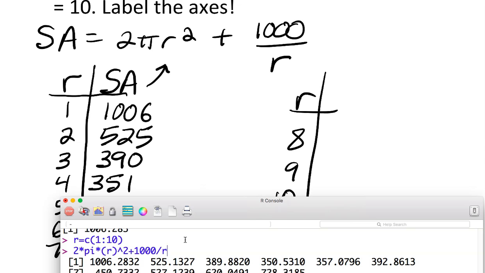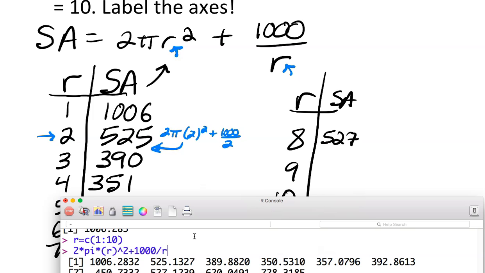So for instance, for the 525 number, I would do 2 pi 2 squared plus 1,000 over 2 to get this value of 525. So I'm plugging in the various radii into where the radii are in the formula. And then for 8, I get 527, surface area, 527. And then I get 620, and then 728.